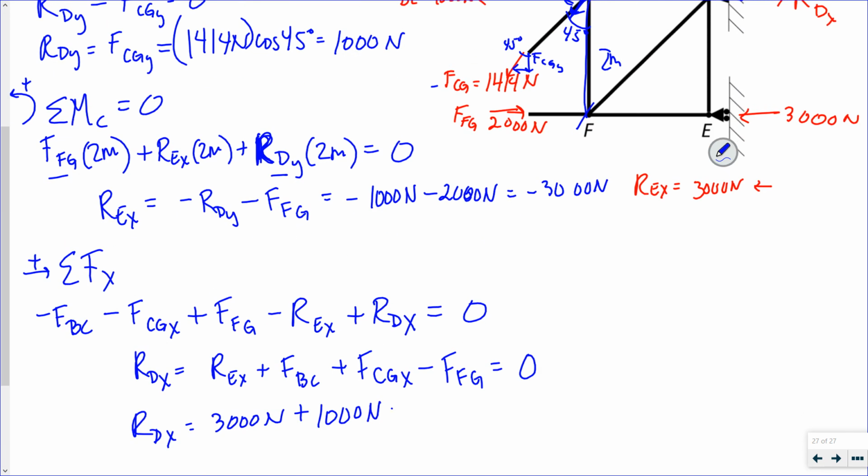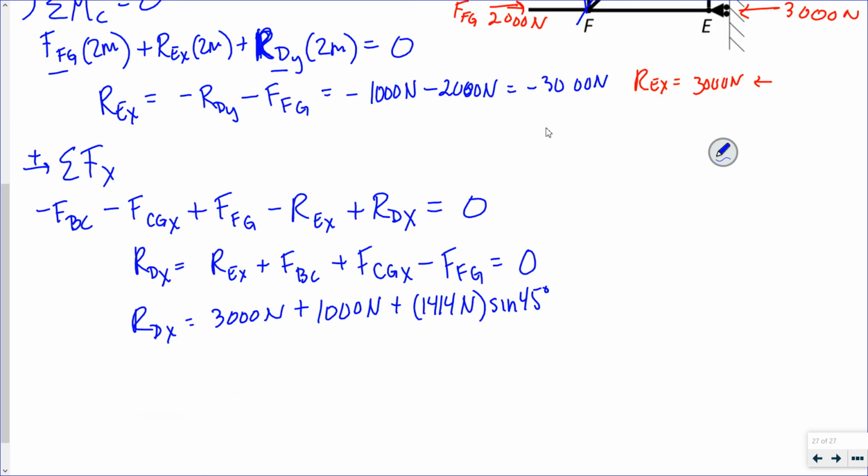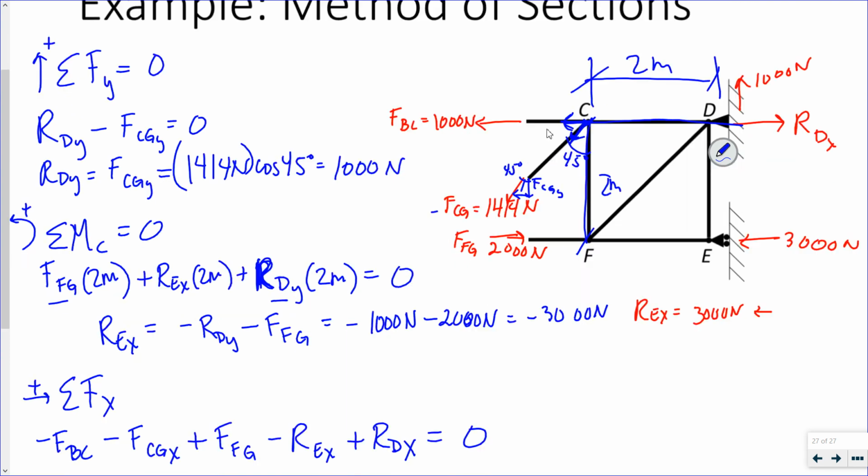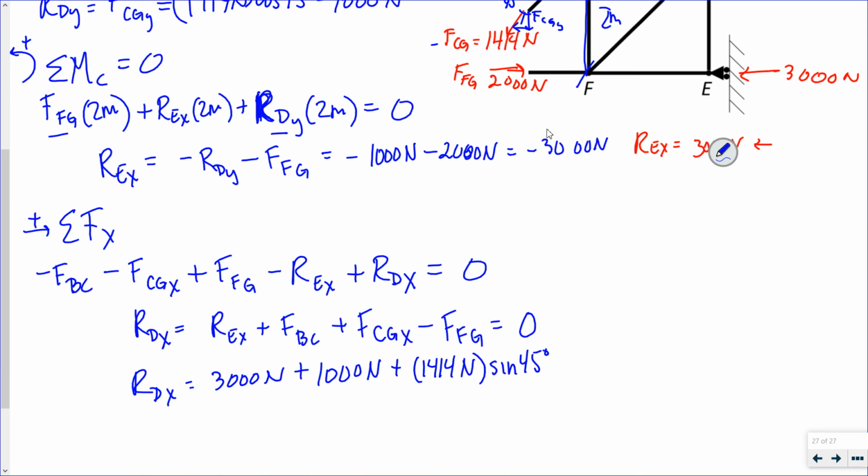The horizontal component of FCG, which is 1,414 newtons sine 45 degrees. Right? 45 degrees, so that's a sine for the horizontal component. And FFG, which is 2,000 newtons.